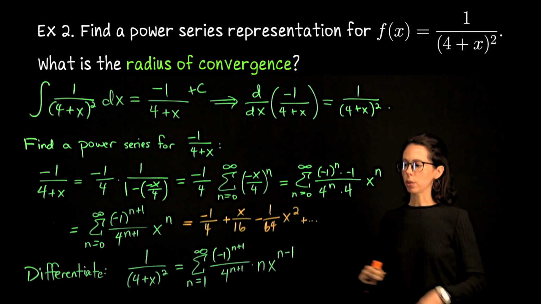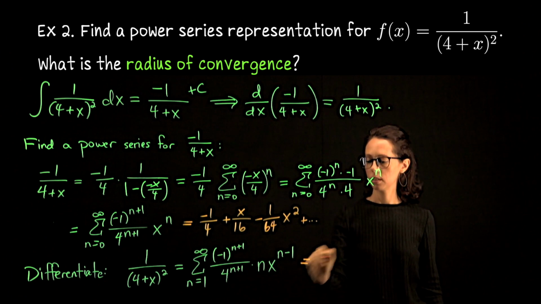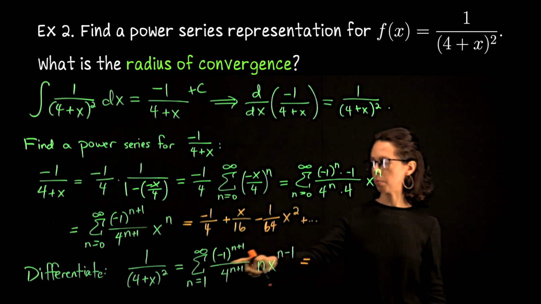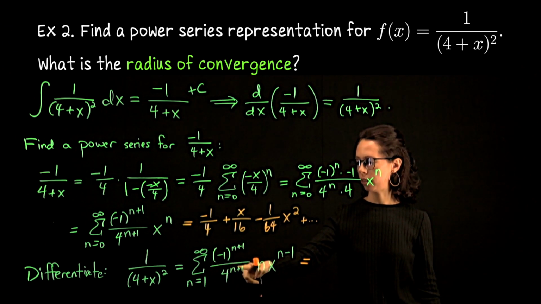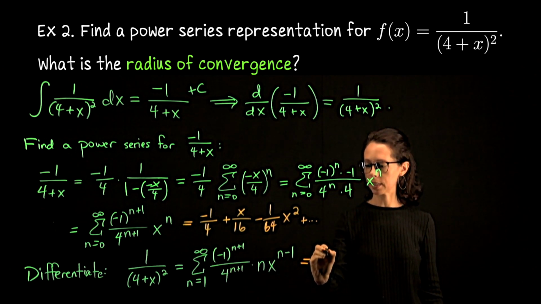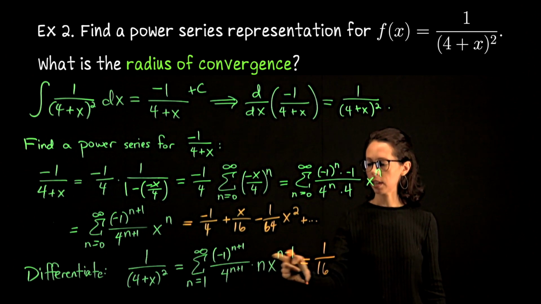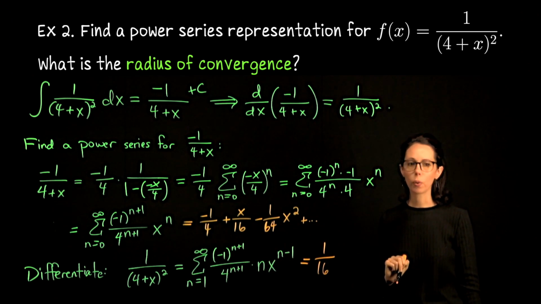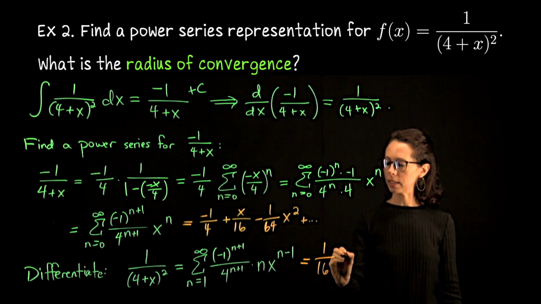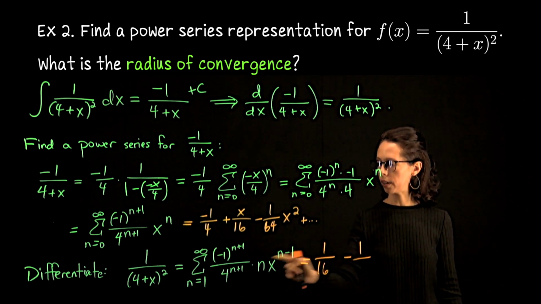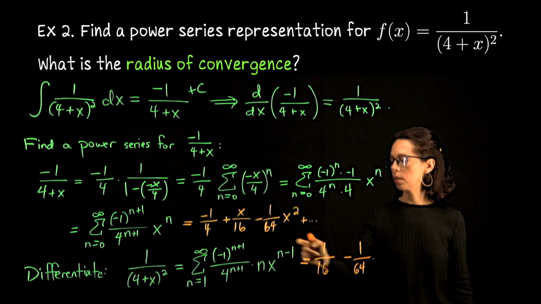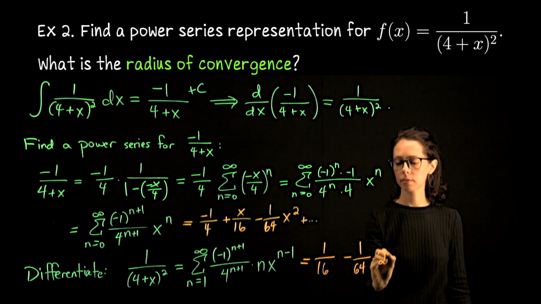Perhaps the most natural thing to do would be to now expand this. When n equals 1, we get positive 1 over 4 squared, so 1 over 16, times 1x to the 0, so that's just 1 over 16. When n equals 2, we get negative 1 over 4 cubed, that's 64, times 2x to the 1.